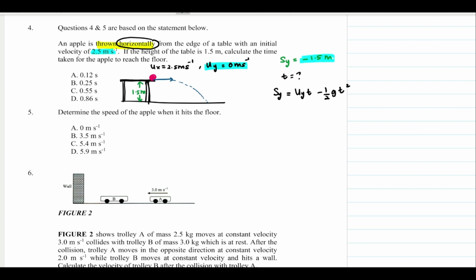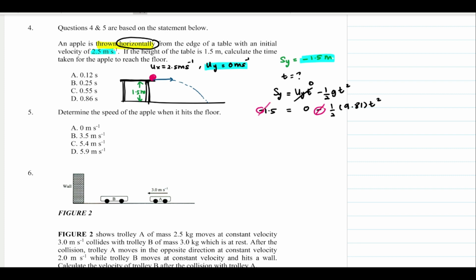Jangan lupa negative. Negative 1.5 meter. Okay, so UY is 0, so this is 0 minus 1/2, 9.81 T squared.